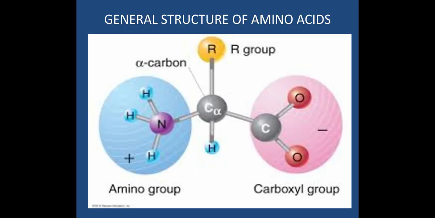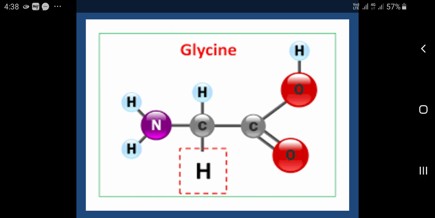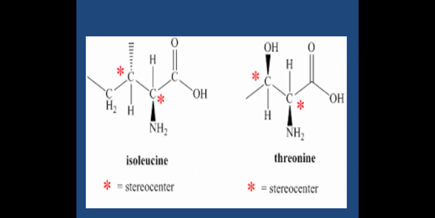Because of the asymmetrical nature of amino acids, all the amino acids exist in two forms, L form and D form, except glycine. However, two amino acids, isoleucine and threonine, possess two asymmetrical carbon atoms, and thus they have four optical isomers.